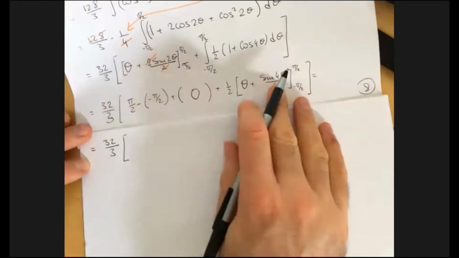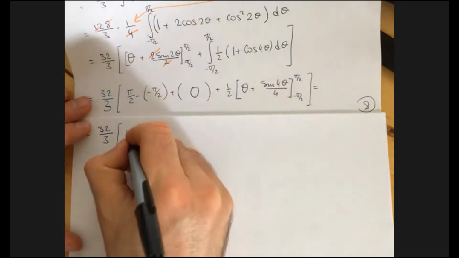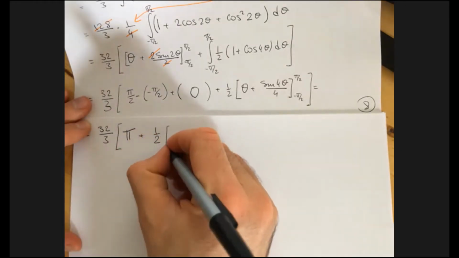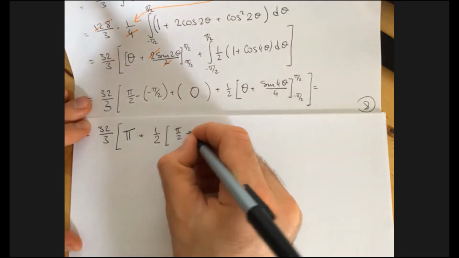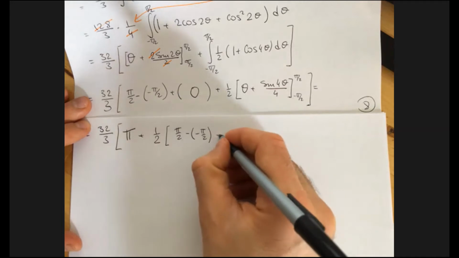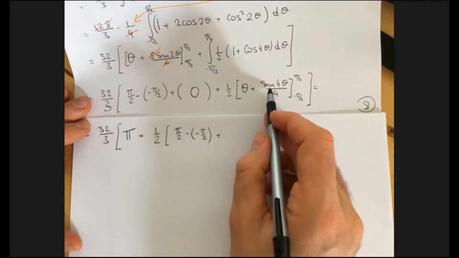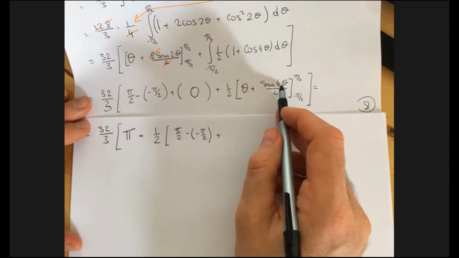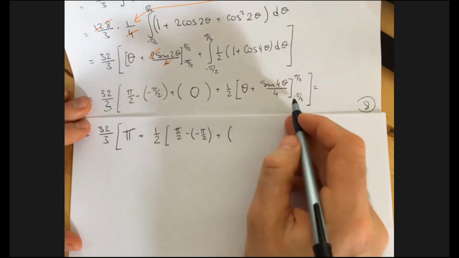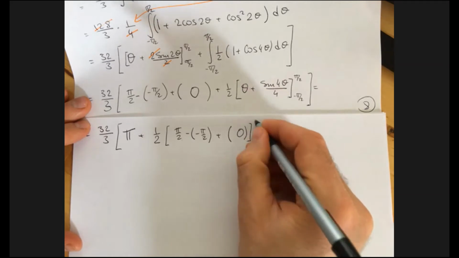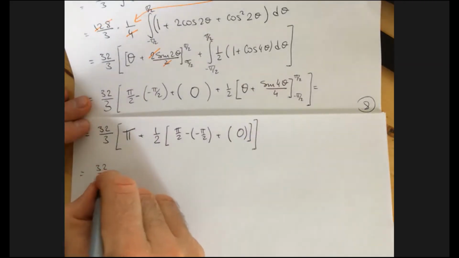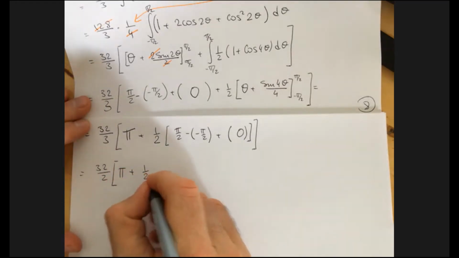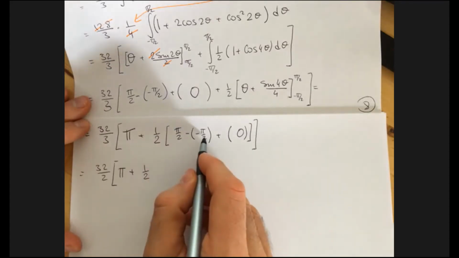Pi over 2 minus negative pi over 2, that's pi over 2 plus pi over 2, that's pi, plus 1/2 times pi over 2 minus negative pi over 2, plus, and again, sine of 4 times pi over 2 is sine of 2 pi, which is 0, minus sine of negative 2 pi, that's also 0. 32 over 3 times pi plus 1/2 times pi over 2 minus negative pi over 2, which is simply pi.